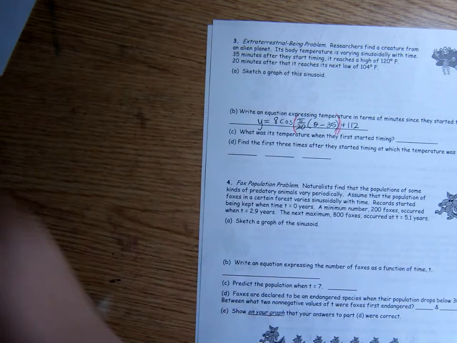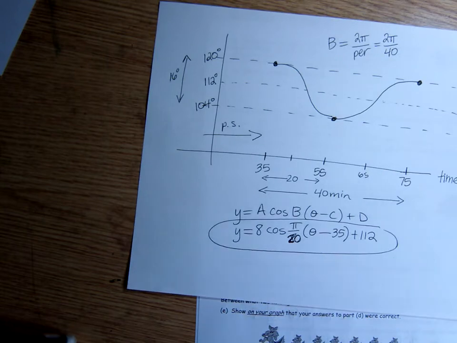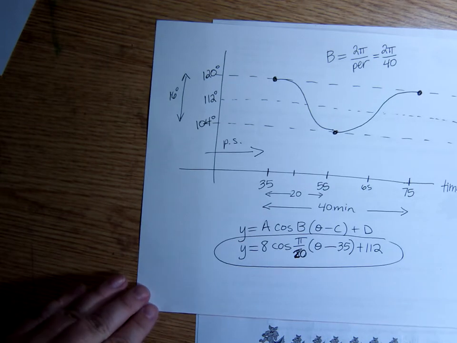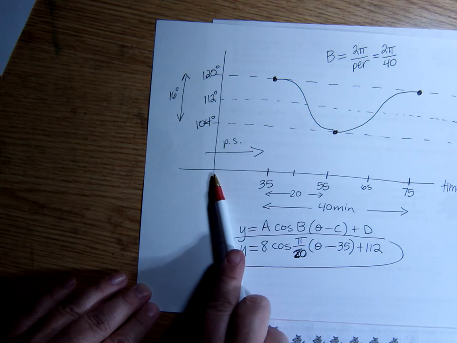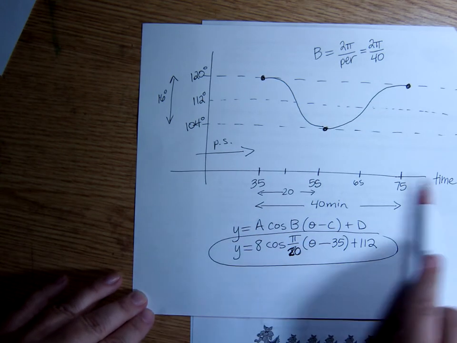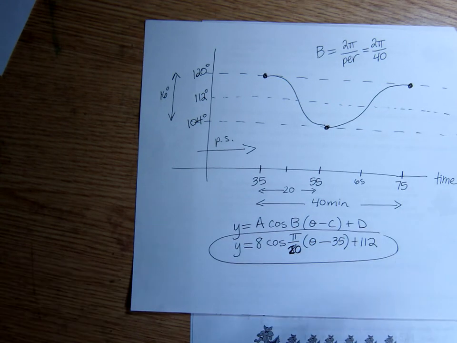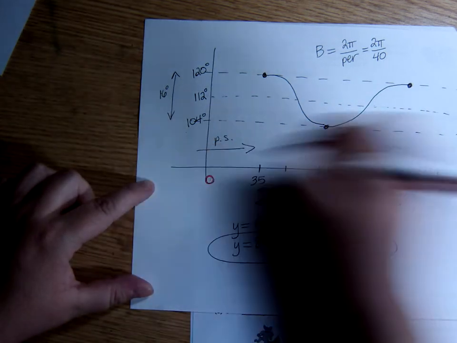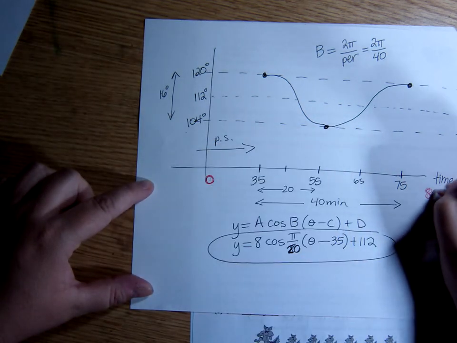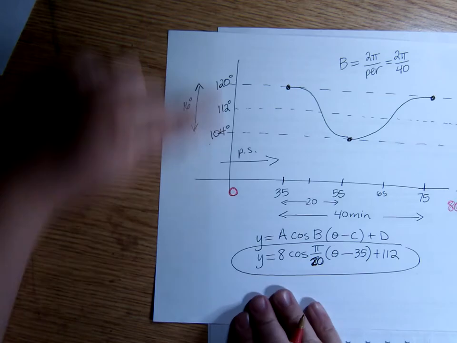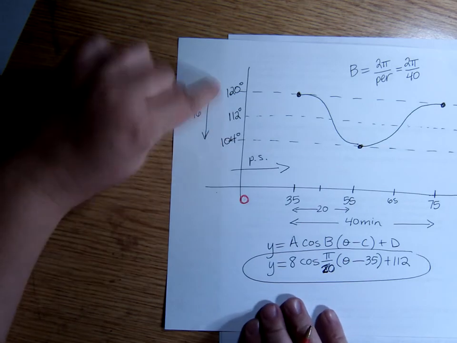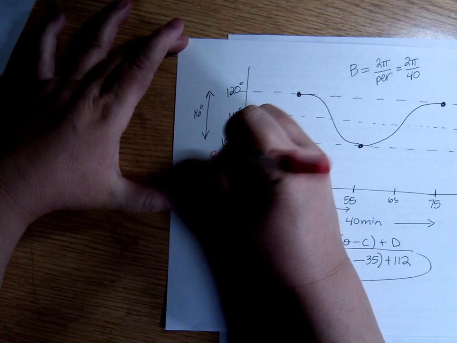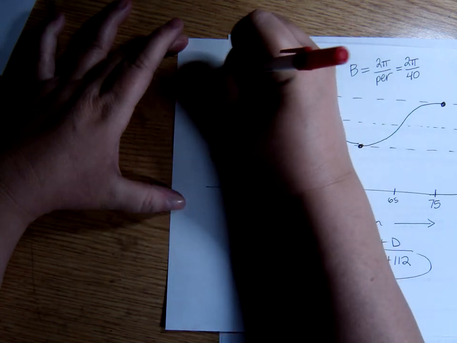Now, looking at this graph, let me think about my window values. The time goes from 0 all the way up to 75, so I might want to go 0 to 80 on x. So my x min would be 0 and my x max would be 80. The y values go from 104 to 120, so maybe 80 to 150 so I can see all of it really clearly.